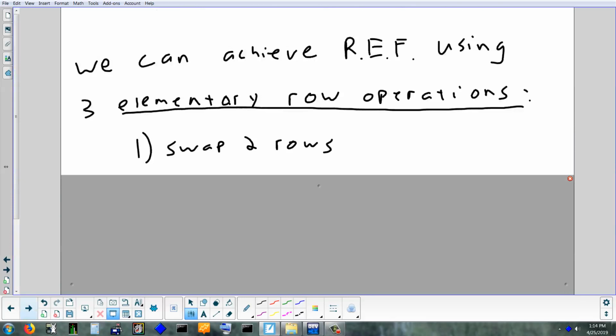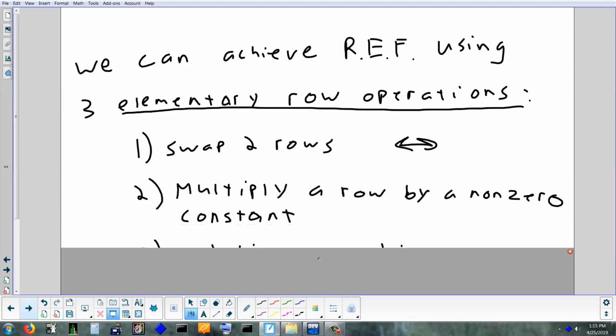And the symbol that I'm going to use for swap is this. So when you see a double-ended arrow, that's going to mean to swap. And they would put numbers here. If you saw like a 2 and a 3, that would mean swap rows 2 and 3. Okay, so we can swap two rows.